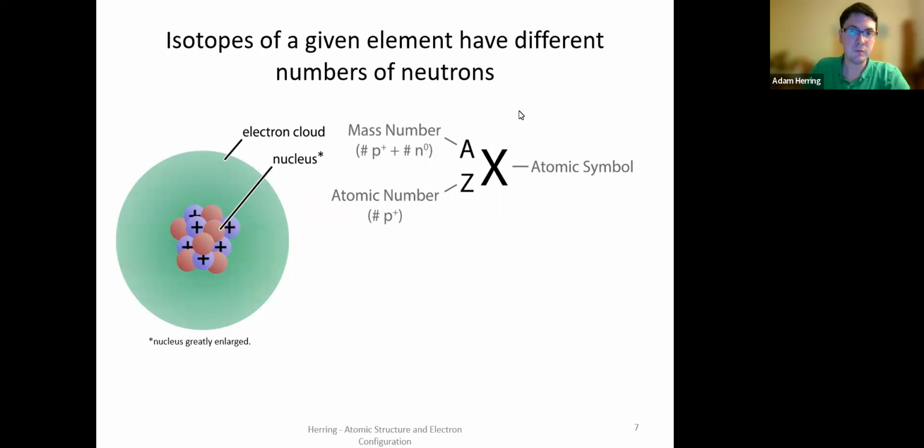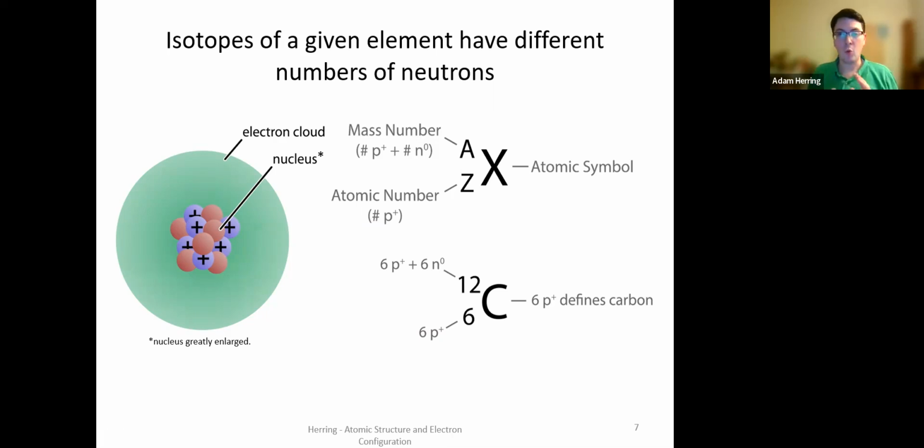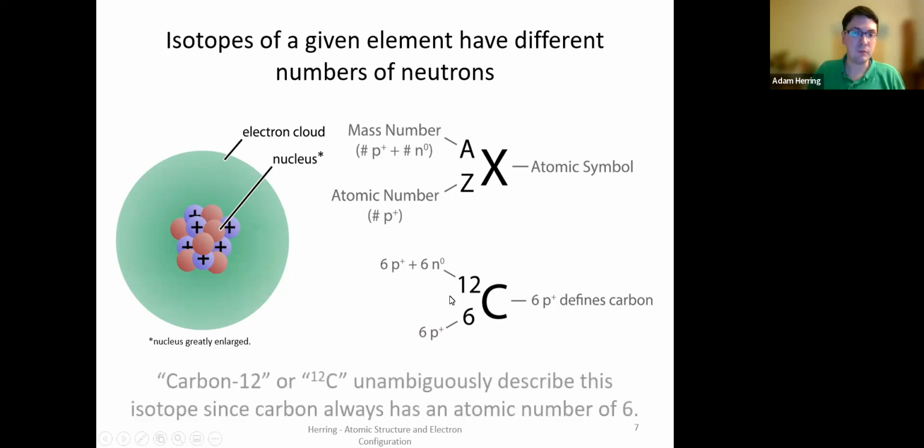For example, we have carbon, which has 6 protons. Doesn't matter which atom of carbon we examine, it will always be carbon because it always has 6 protons. However, what can change is the number of neutrons. In this carbon atom, this one would be carbon 12.